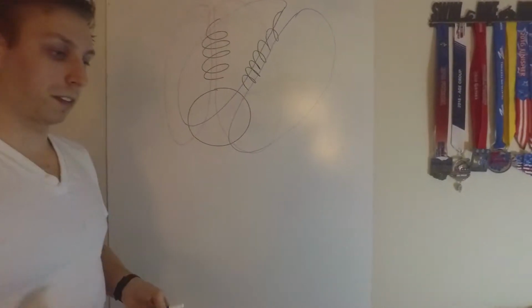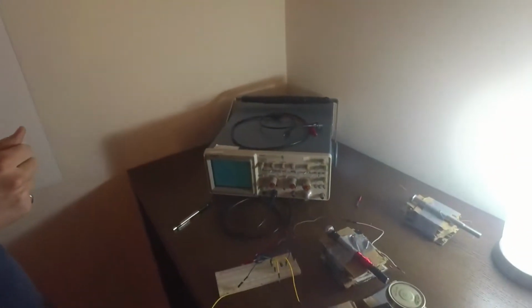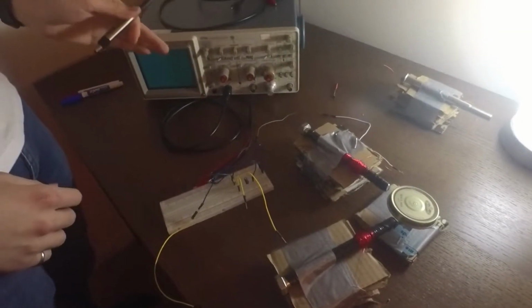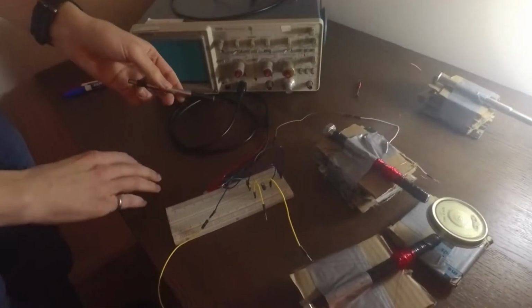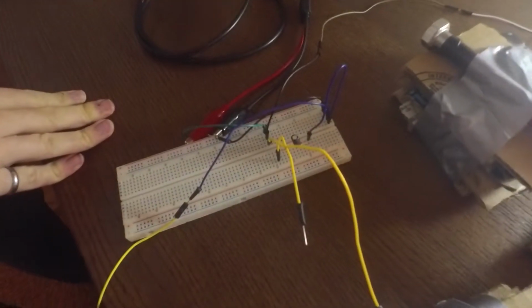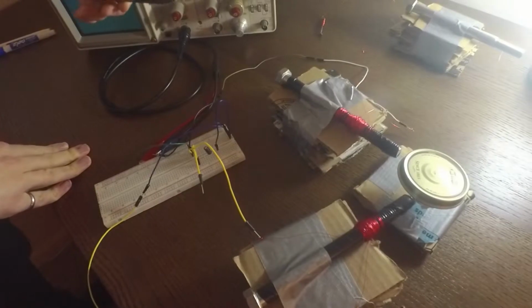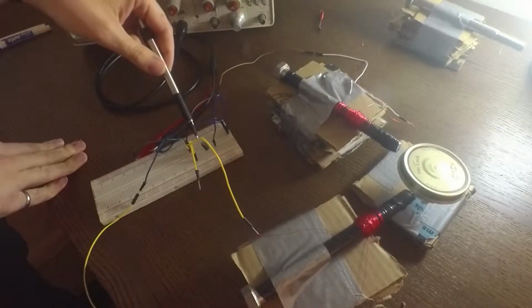For my system here, we have an oscilloscope which powers the system. It goes to one coil, which is hooked directly to it, and another coil which is linked in series to a capacitor right here.